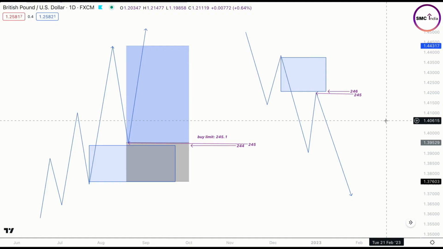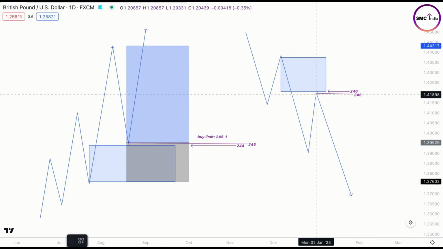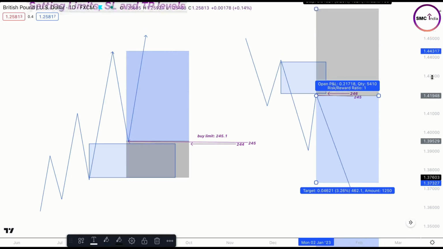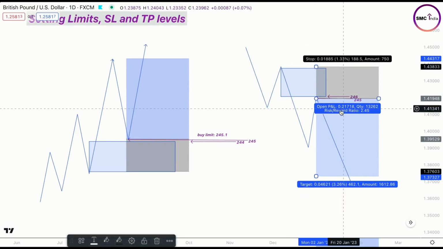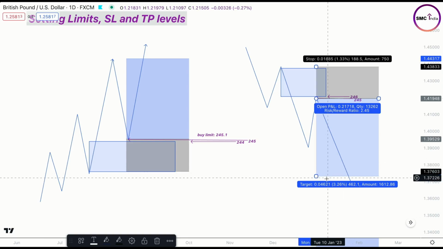So you place your limits here, put the stop loss outside of this order block, and set your take profit levels here.